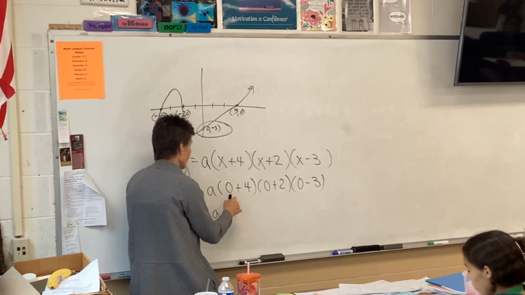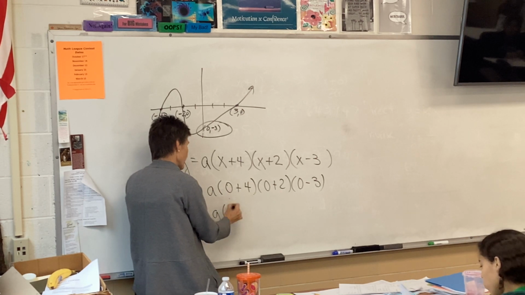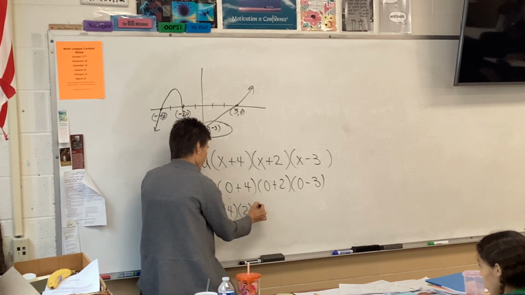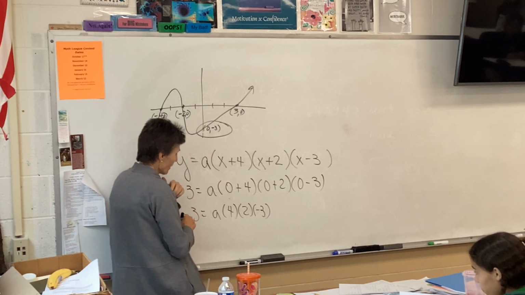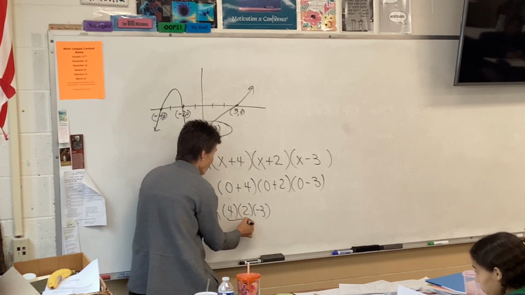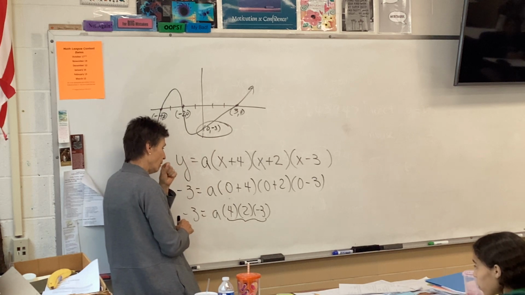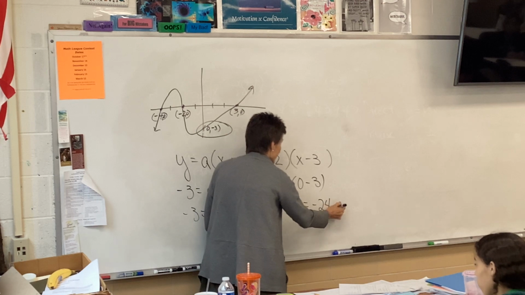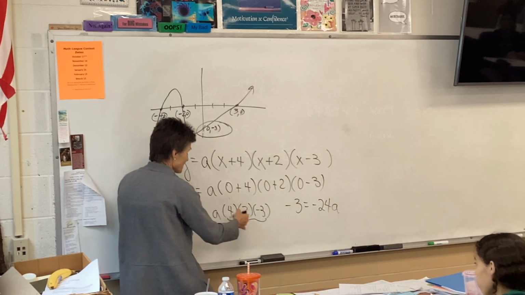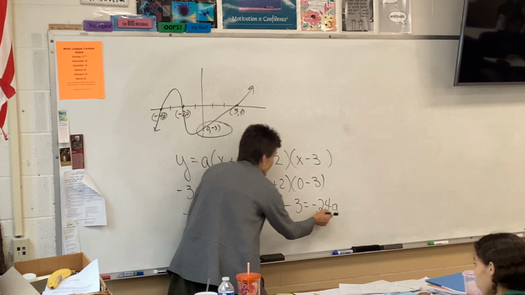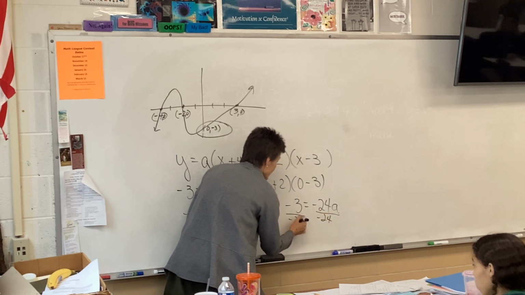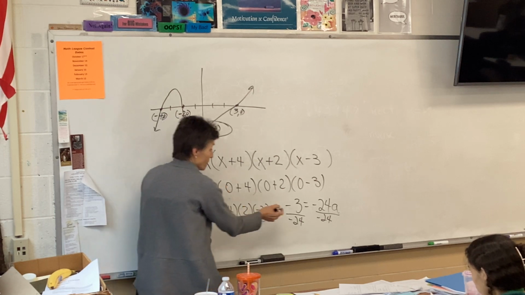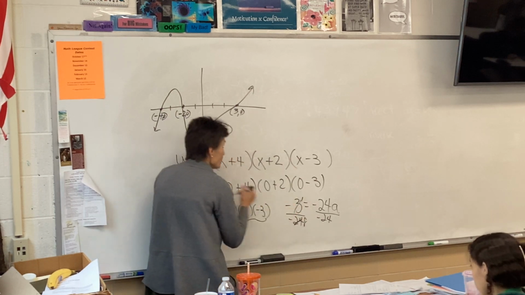So 0 plus 4 is 4, 2. Now these are factors, so this is all multiplied together. Negative 24. So negative 3 equals negative 24a. So it looks like it's actually going to be 1/8. Big numbers on the bottom. So 1/8.